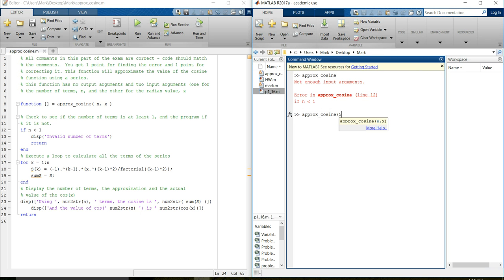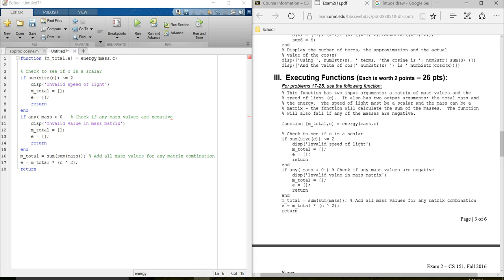So let's say 5, and what is the value of the cosine of pi divided by, let's just say pi. Using 5 terms, the cosine is negative 0.97602, and the value of cosine of 3.1416 is negative 1. That's true. So it works. It runs.